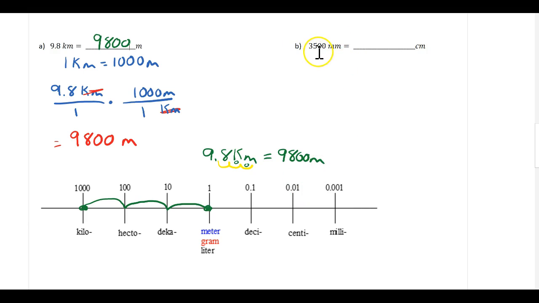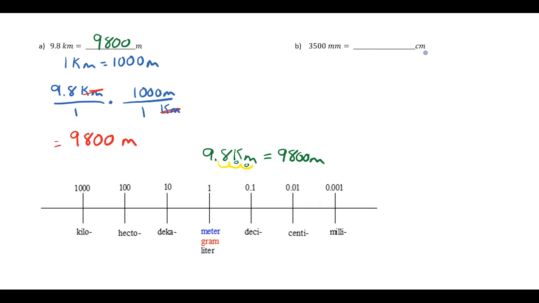So let's look at 3,500 millimeters, and I'm going to erase that so that we can use that again in a moment. 3,500 millimeters is equal to how many centimeters? Now here's where using the conversion factors gets us a little bit off.